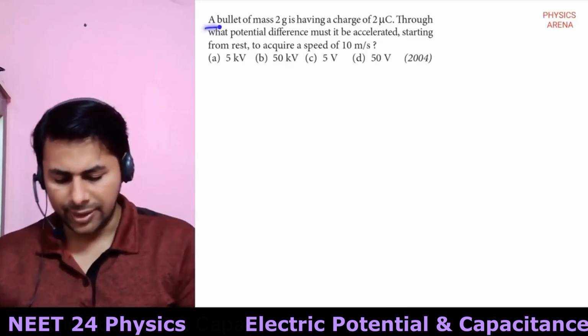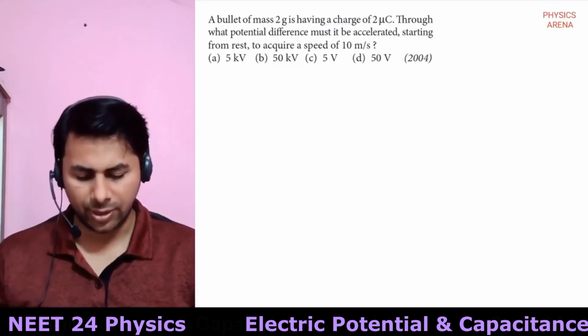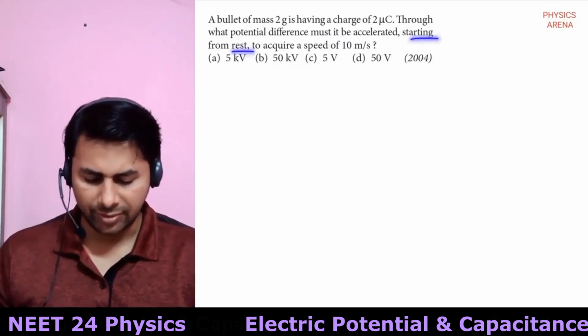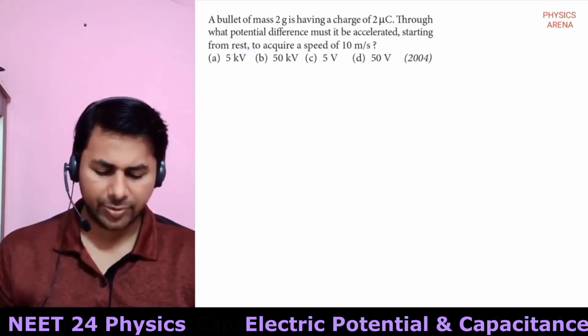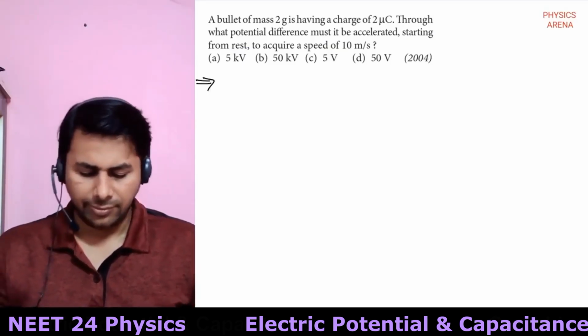Okay, let us see the next one. A bullet of mass 2 gram is having a charge of 2 microcoulomb. Through what potential difference must it be accelerated, starting from rest, to acquire a speed of 10 meters per second? Tell me.